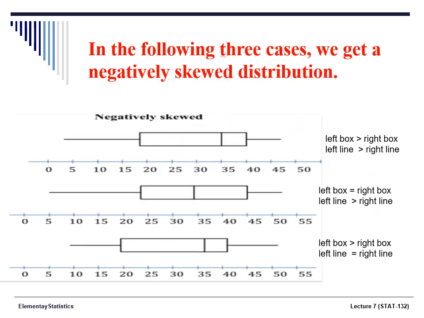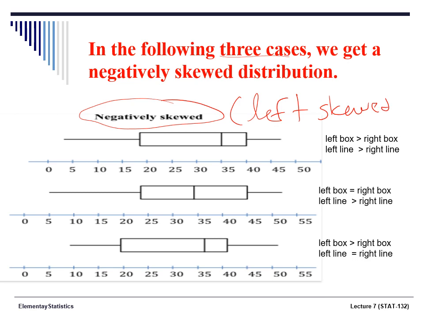Now in the following three cases we get a negatively skewed distribution. In a negatively skewed, or generally left skewed, distribution, you will see the dominance of the left side. If the left box and left line are both bigger, or if there's an equality in the boxes, the left line is still longer than the right line.